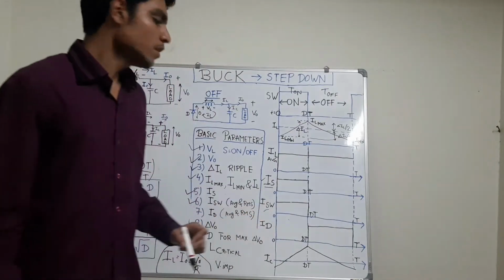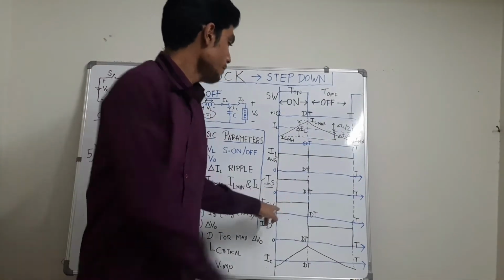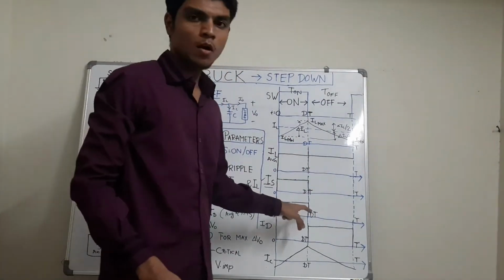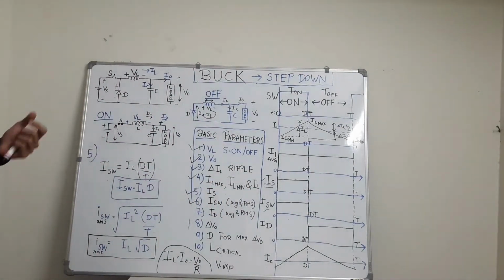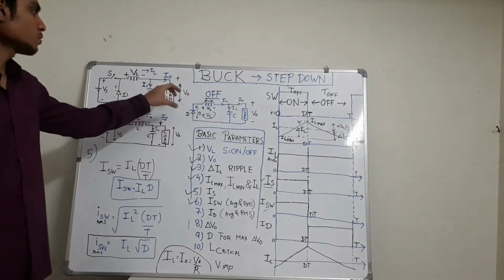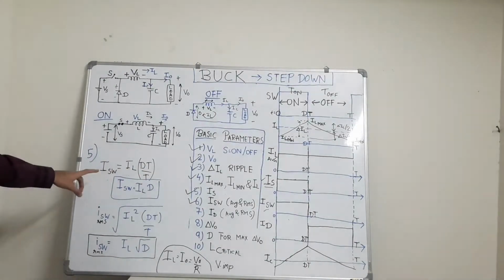Hence we draw the waveform of the switch current like this. For the on period it would be the same as the inductor current, and for the off period it will be 0. So it is similar to the previous case of source current, when the source was getting isolated in the off time. So everything is similar.